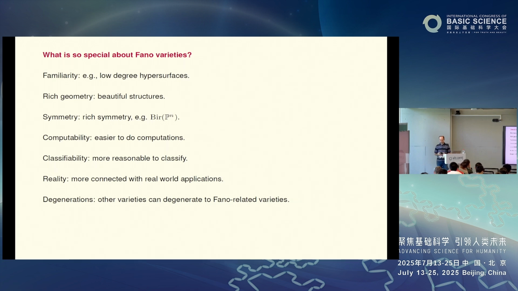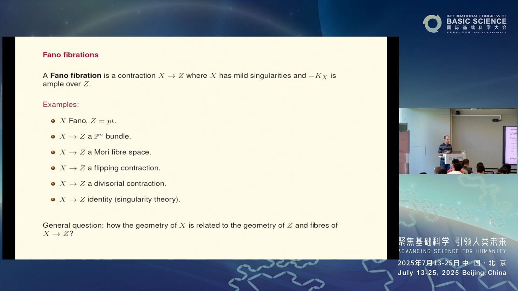For example, in the mirror symmetry world, this is probably one of the most common techniques. To do something about Calabi-Yaus, you degenerate them into a union of Fano varieties, and then you do computations. In fact, this is one of the main ways even to construct mirrors and so on. Okay, so again, that's just a sample of why Fano varieties are important.